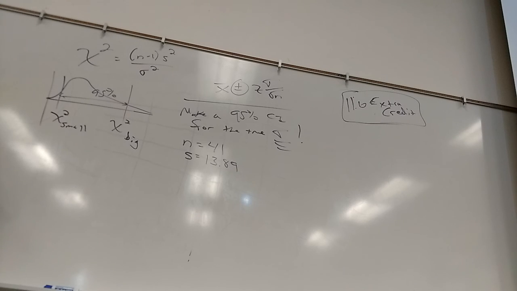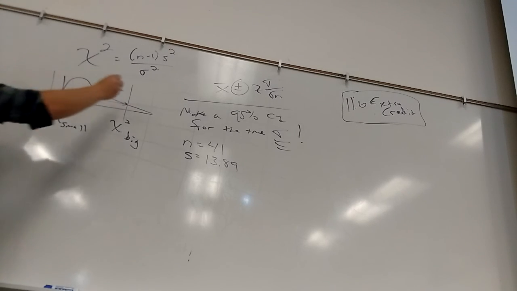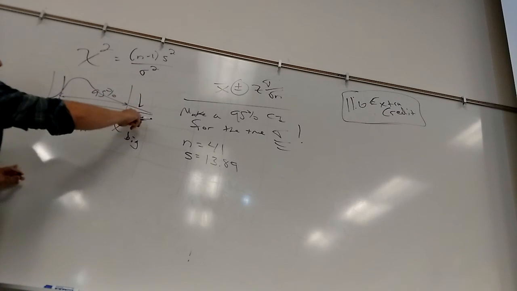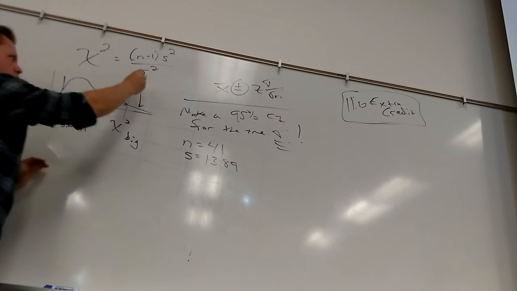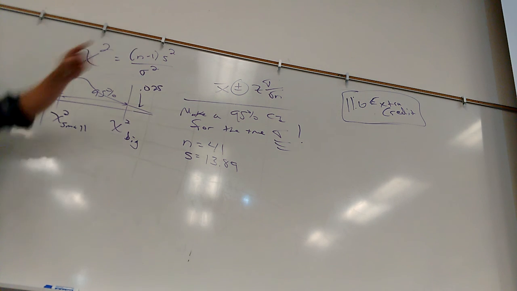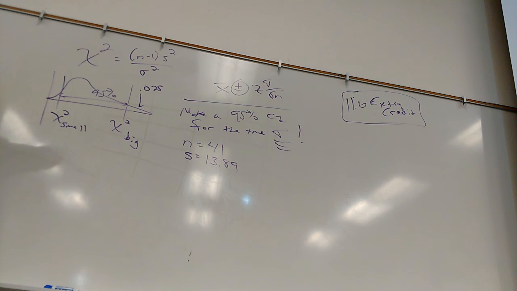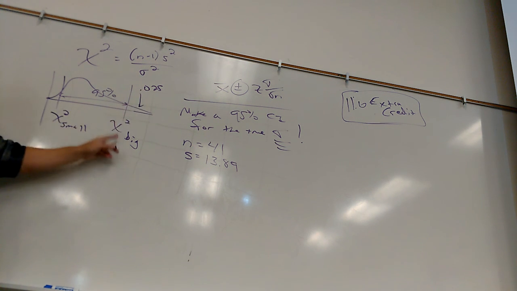We can actually figure these out based on what we know. We know 95% confidence, which means how much is in this tail, for example? 0.025. And remember, the chart gives the area to the right of what I want. So there's 0.025 to the right of this value.